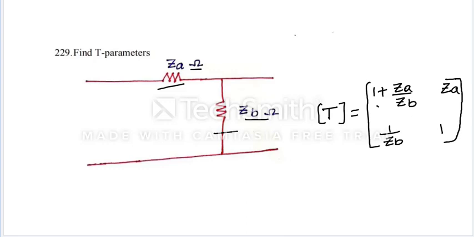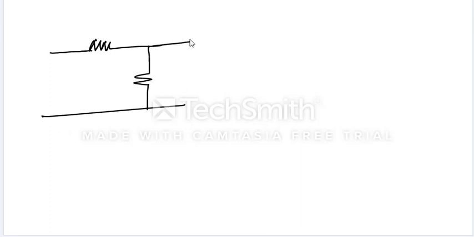So what we can say here, remember, this is if the network is like this. Now series element followed by shunt element. Remember this is ZA. Series element is always ZA and shunt element is ZB. Both are in ohms.